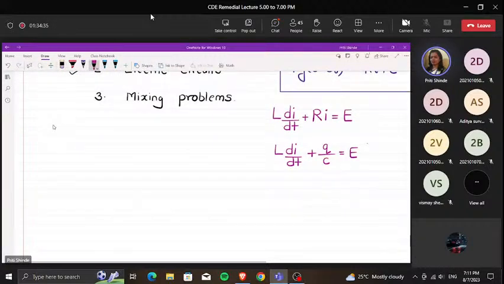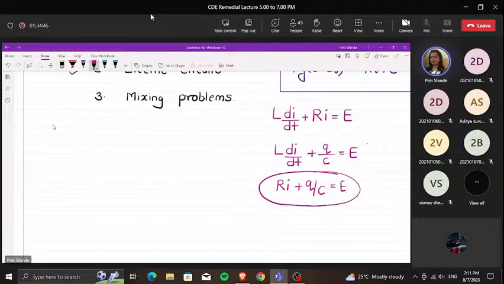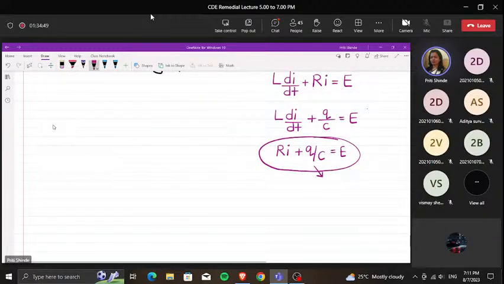And for a circuit containing R and C, across the resistance it is Ri, across the capacitance it is Q by C, equal to E. But there is no derivative, so this is not a differential equation. So for this RC circuit, replace i by dQ by dt. So you have to remember this.